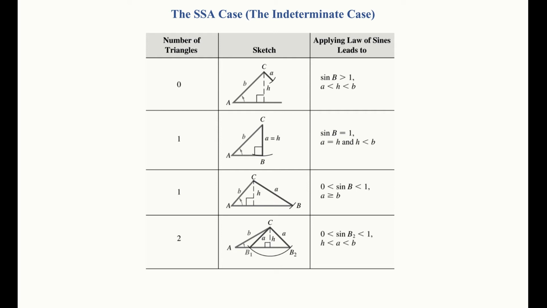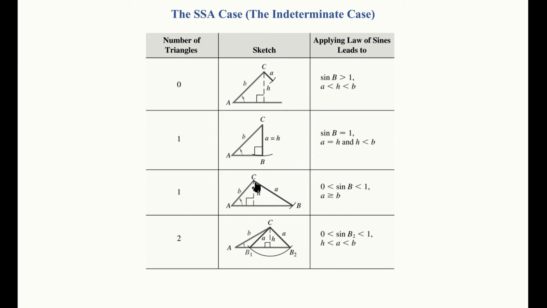All right, next we're going to look at the SSA case. This is called the indeterminate case because the number of triangles that are possible varies. Sometimes if the third side ends up being too short, you end up with no triangle. Sometimes you end up with exactly one triangle. That's when the third side actually happens to be the same as the altitude's length, which is called height.